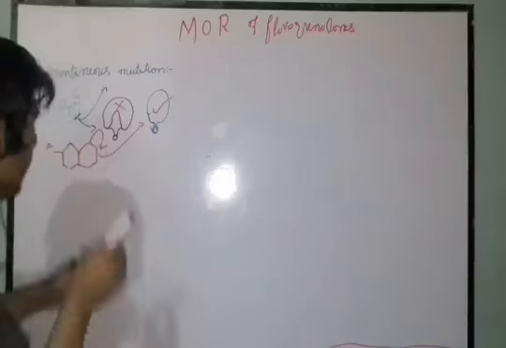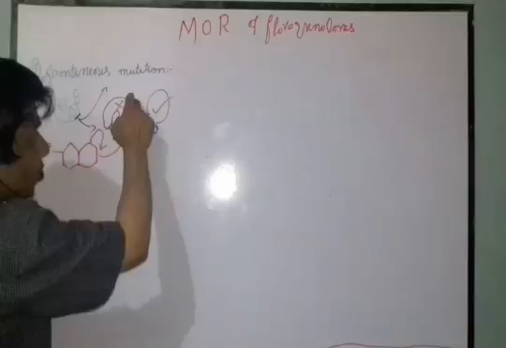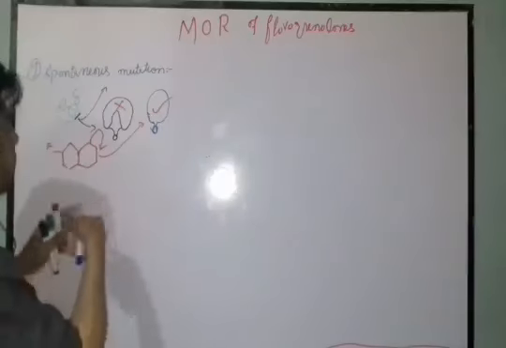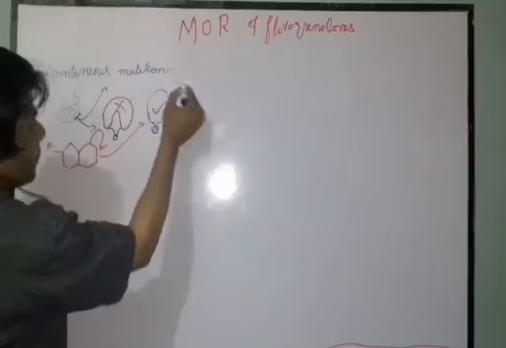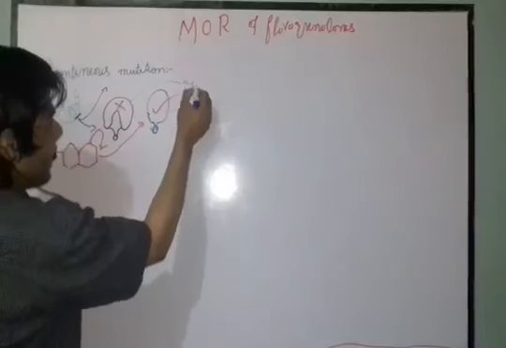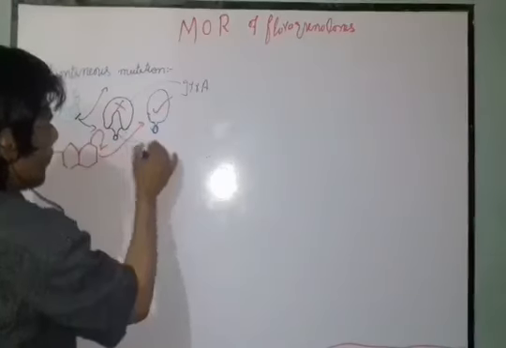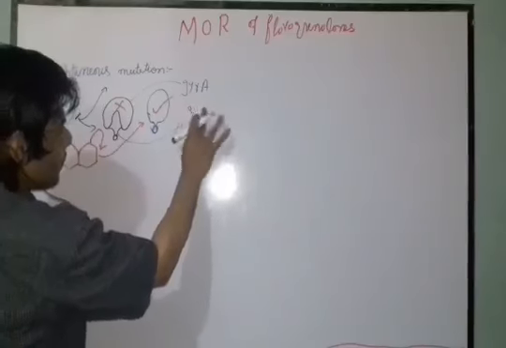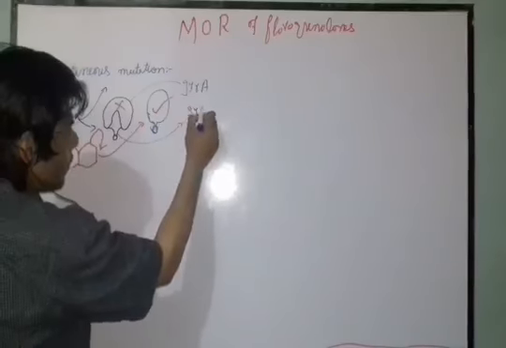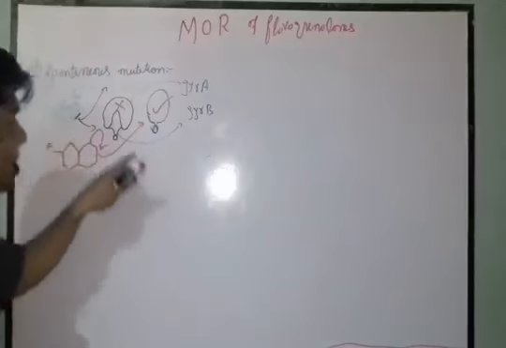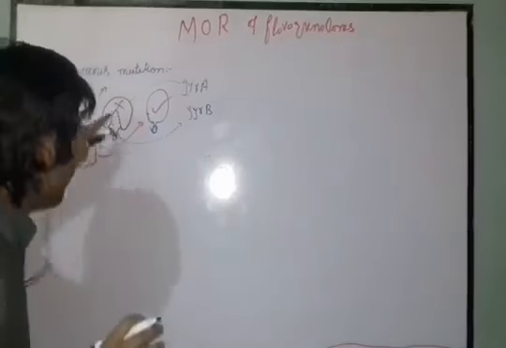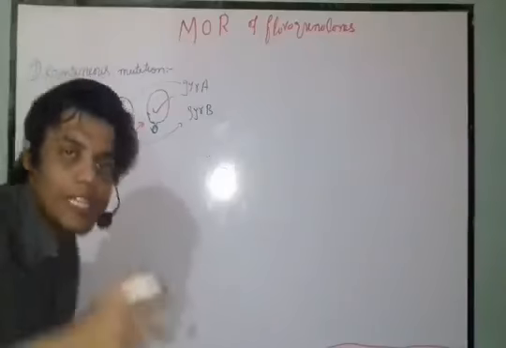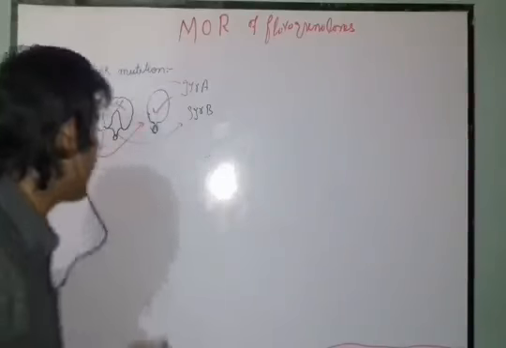If you remember, these are the two subunits. One we call gyrA, and the other we call gyrB. One subunit is responsible for the joining, and the other subunit is responsible for the cleavage.